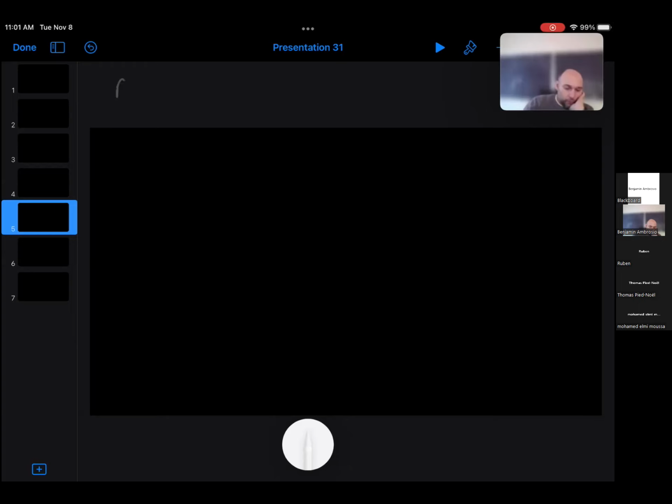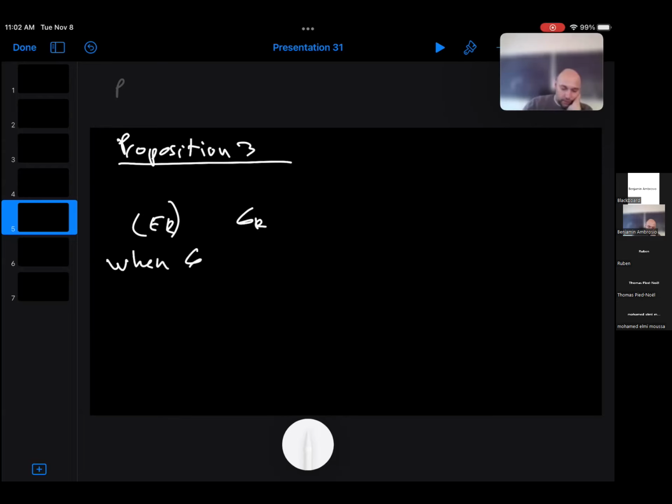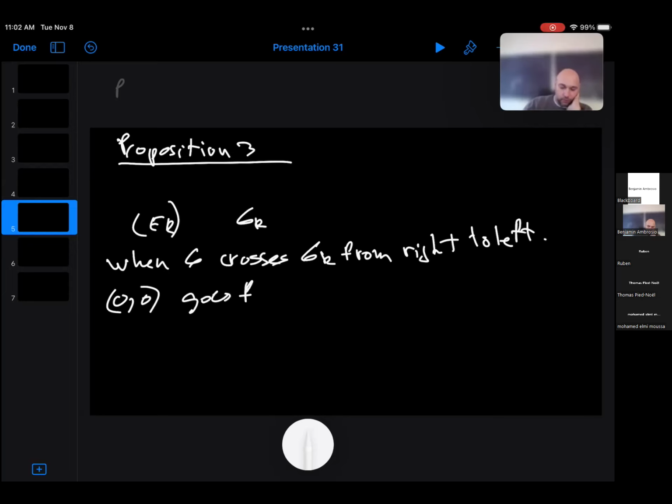Proposition 3 just states that you have EK, and you have sigma k, and when sigma crosses sigma k from right to left, 0, 0 goes from a sink to a saddle.